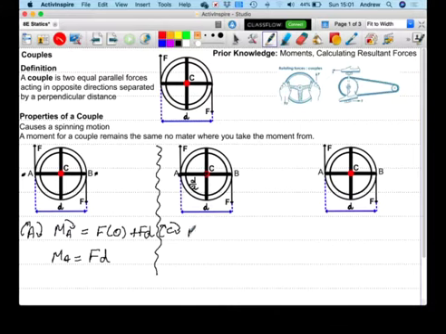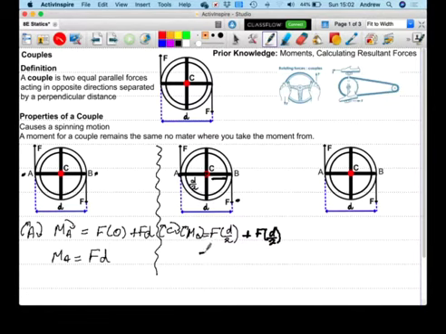So the moment about C in the clockwise direction is F multiplied by D over 2, plus, looking at the next force, its perpendicular distance from C is also D over 2, so plus F on D over 2.